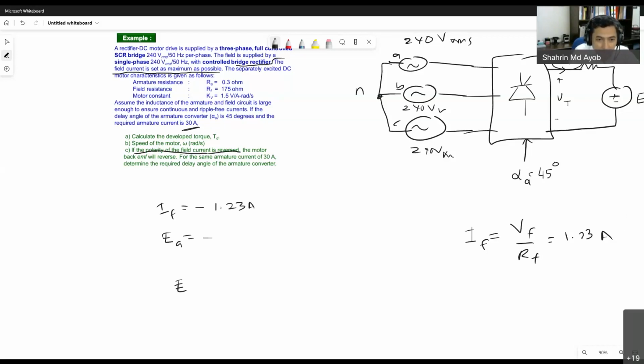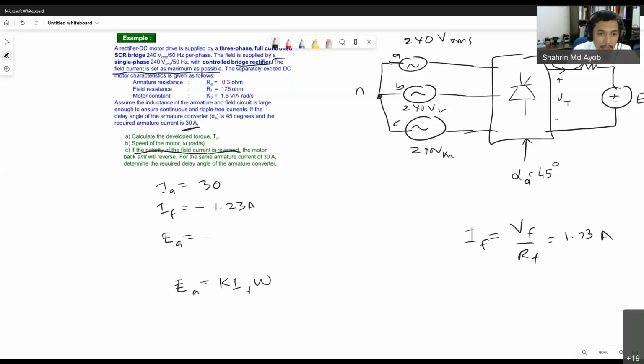Because we know that EA is K I_F speed, so if I_F is negative, the induced back EMF will also be negative. For the same armature current of 30 amperes, meaning the armature current is still maintained at positive 30 amperes, determine the required delay angle of the armature converters.